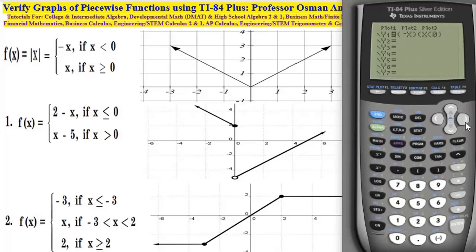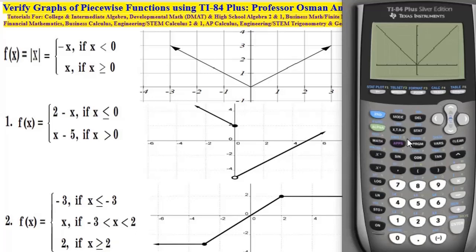And it is x, and this is valid for x greater than or equal to 0. So it is minus x when x is less than 0, and x when x is greater or equal to 0. Then simply graph, and you will get the same graph.